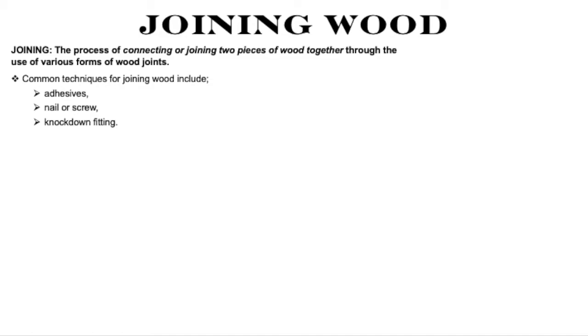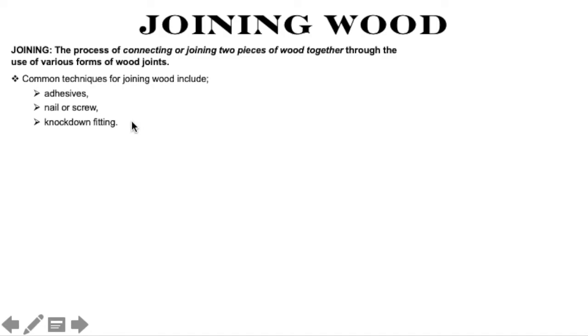So as part of the assignment that you're going to get, you guys have to go research the typical wood joining techniques. Find out what type of adhesives are there and which ones are suitable, which ones are better than the other. Similarly, there are different types of nails and screws that you use for finishing, for various reasons, for machines and all that.